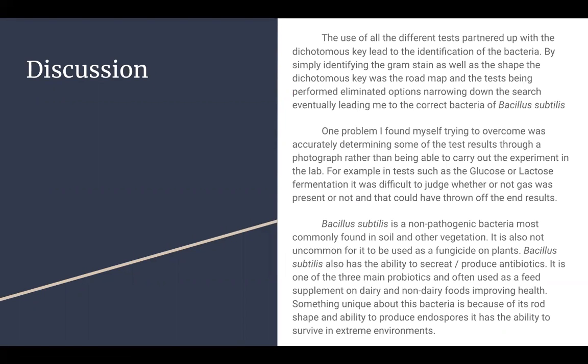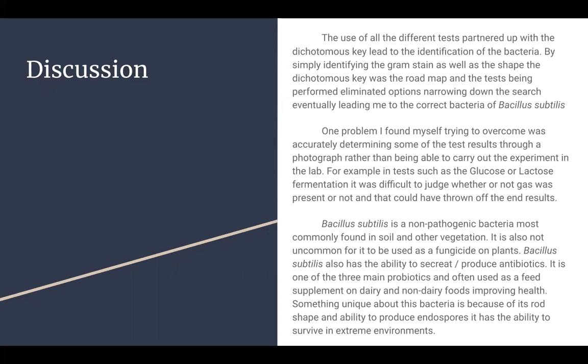So just a quick discussion about everything. Going through all the different tests and using the dichotomous key to lead me to my bacteria, the key was the roadmap, and the test results were like the navigation, stringing me along to cancel out potential options.